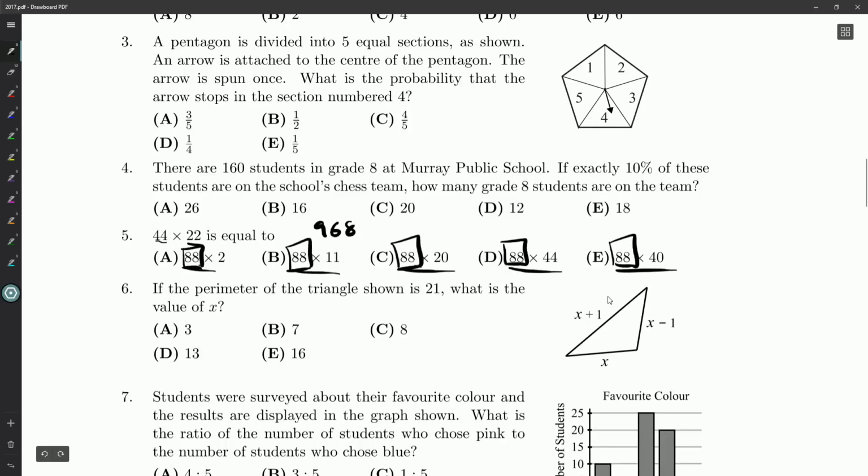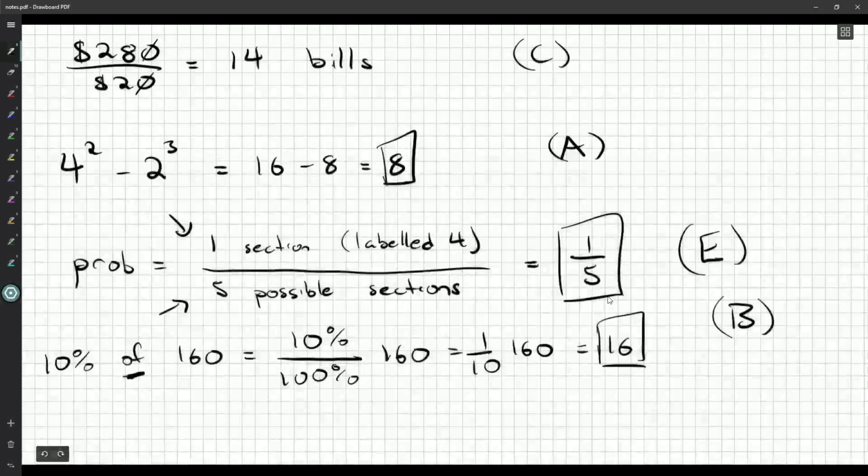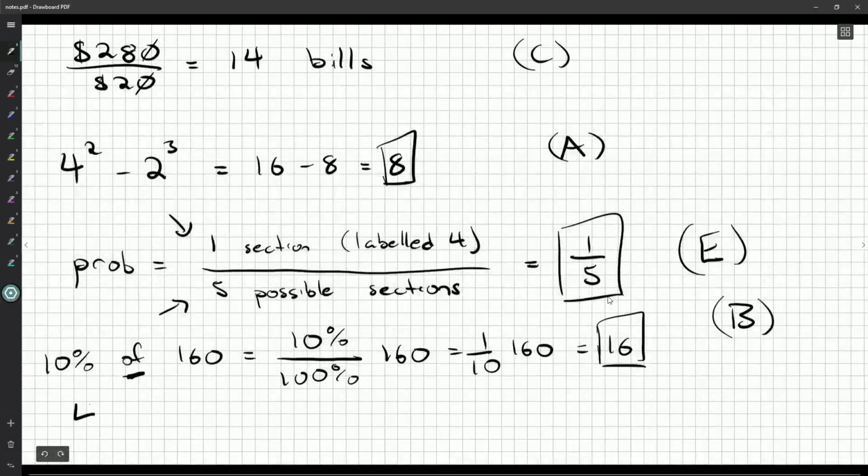Okay, well, I've got 44 times 22. Now, 44 isn't quite 88. It's half of 88. But what have we got? Well, I suppose we can fit it down here. 44 times 22. Well, we've got a 2 inside this 22. We can write this as 44 times 2 times 11.